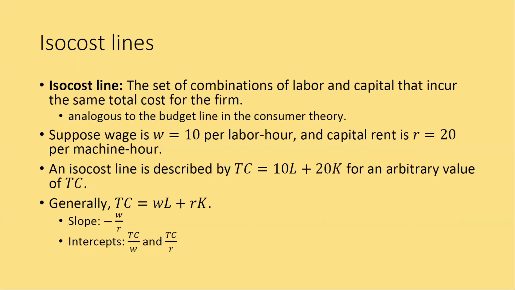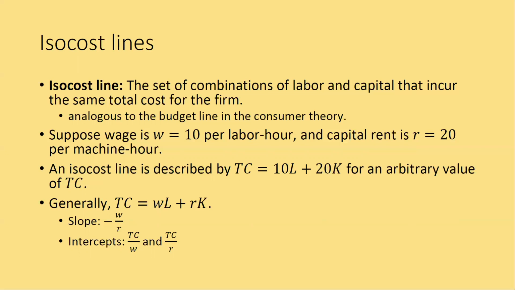And then the sum of those two is the total cost of the firm. So for any L and K such that 10L plus 20K gives us the same value, those combinations of labor and capital are going to incur the same amount of cost for the firm. We say that they are on the same iso-cost line.